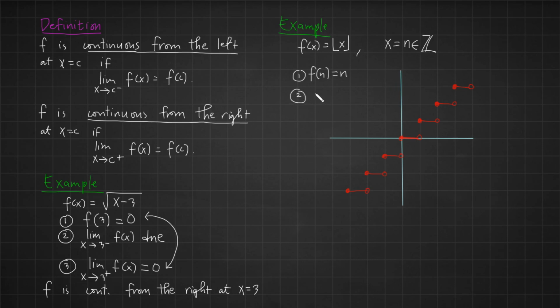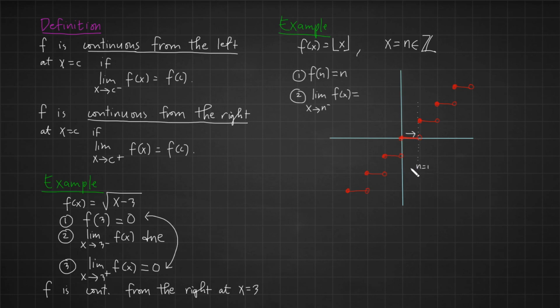Now, can we approach the function from the left? So tingnan natin from the left of n. I'm going to pick one value of n, let's say 1. Ito yun. Okay. So this is equal to n. So this is the line x equals 1. So kung galing akong kaliwa ng n, okay, the limit is equal to n minus 1.